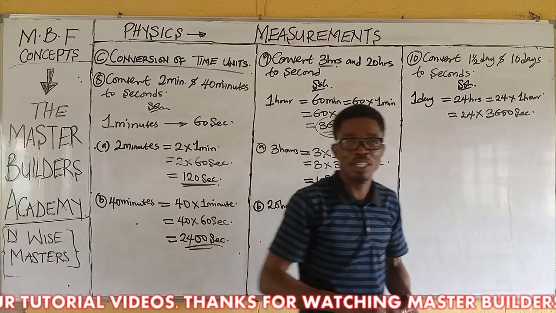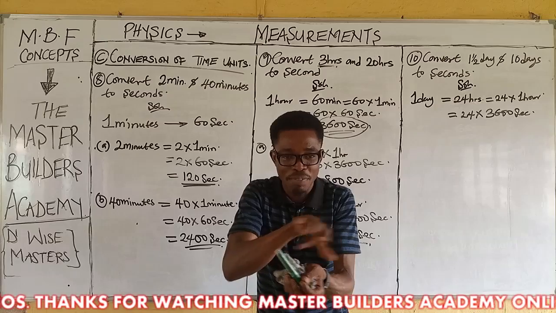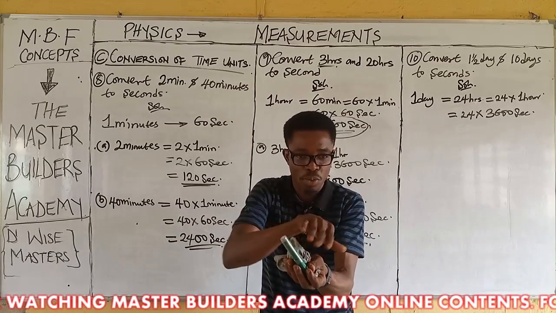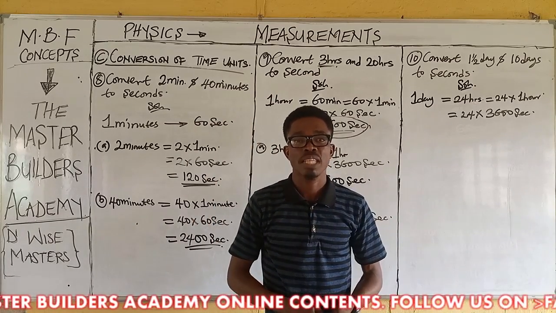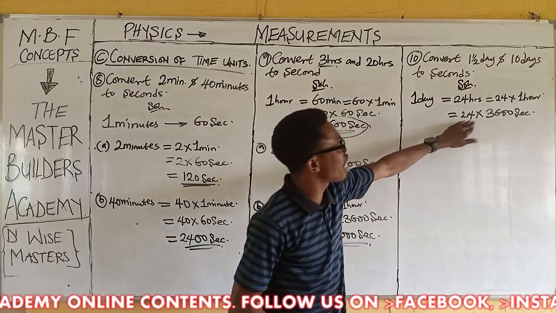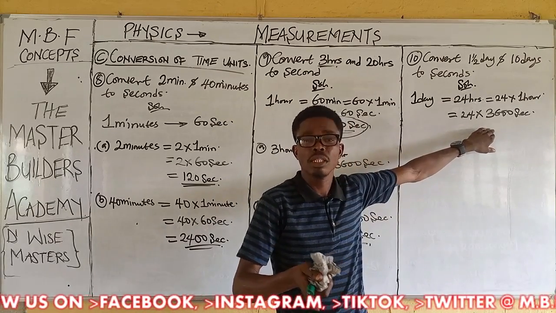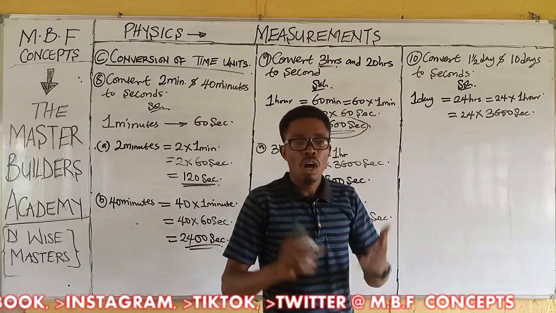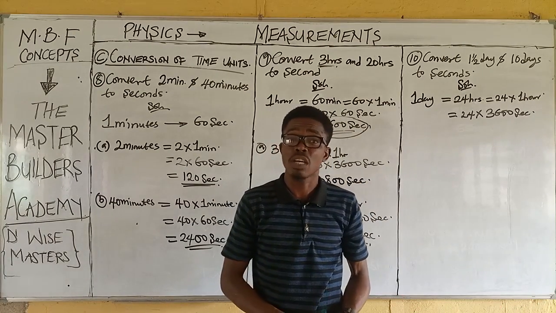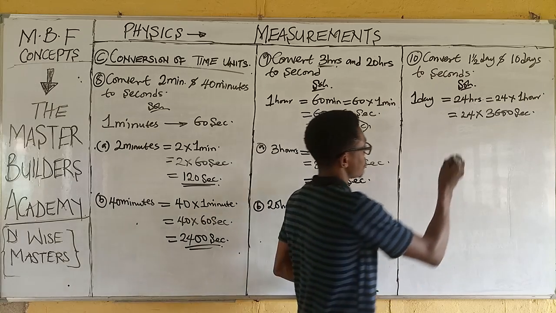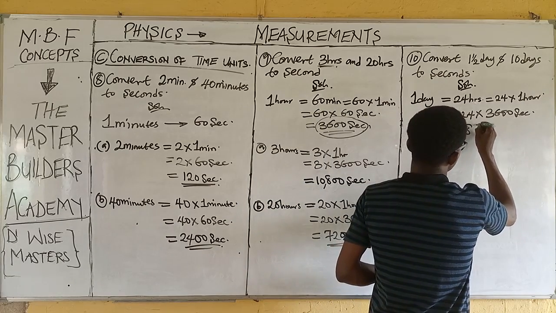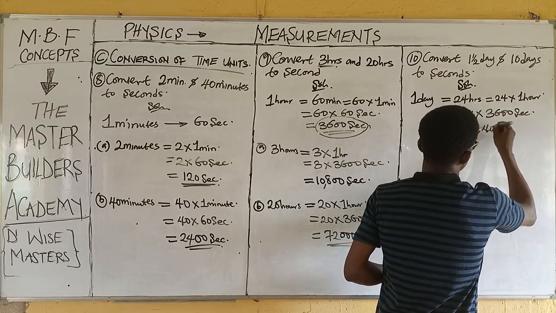So all you just need to do now is to get your calculator, then input the values. It's as simple as that. And when you multiply 24 by 3,600 using your calculator, what do you have? All you simply have is 86,400 seconds.